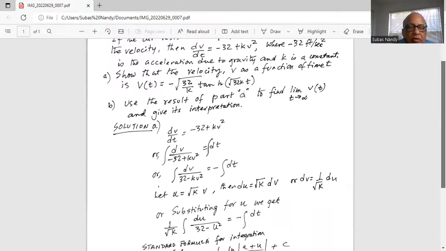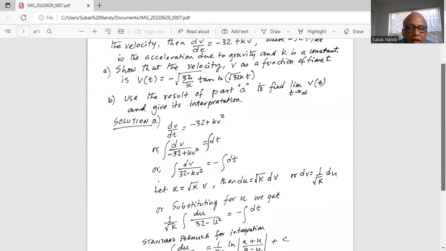Let u is equal to square root of kv, and then du is square root of k dv, or dv is equal to 1 over square root of k multiplied by du. So basically I'm dividing by square root of k on both sides and I get dv is equal to 1 over square root of k du.